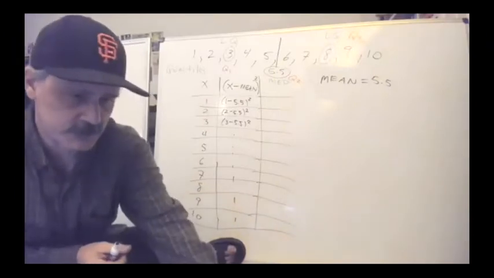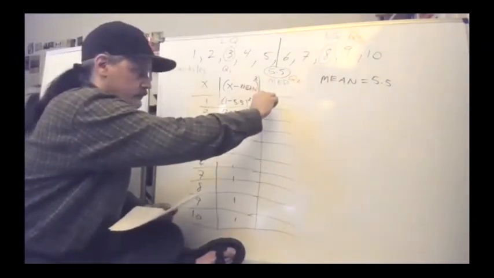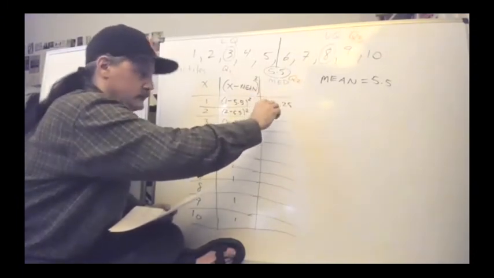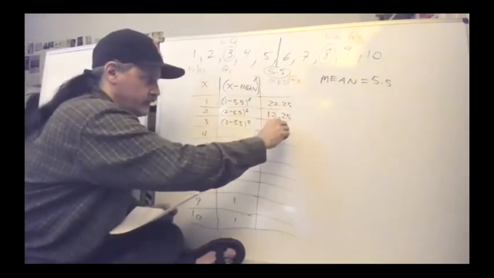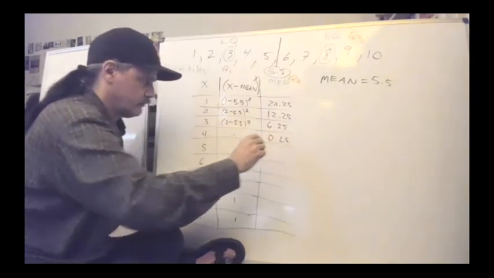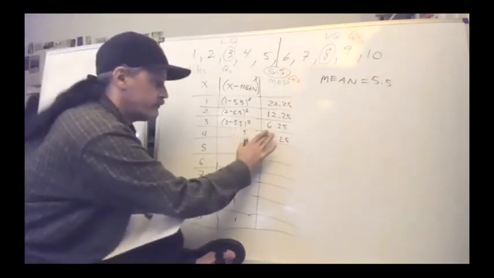And then once you do that, this will become 20.25, 12.25, 6.25, 0.25. Oh, wait, I think I skipped something. Yeah, 2.25.